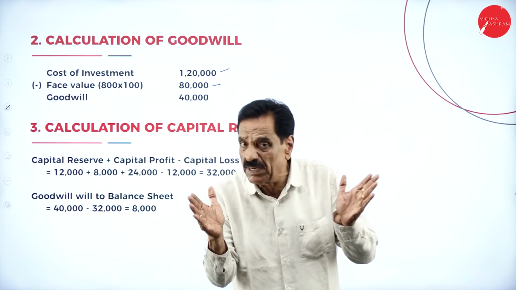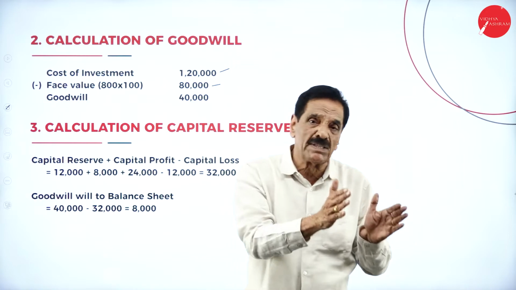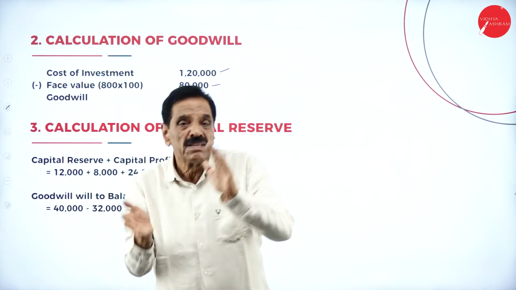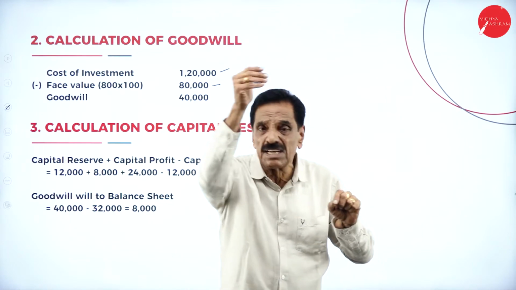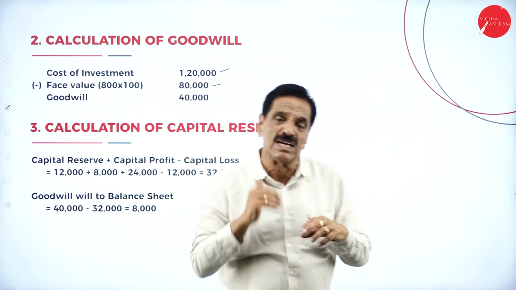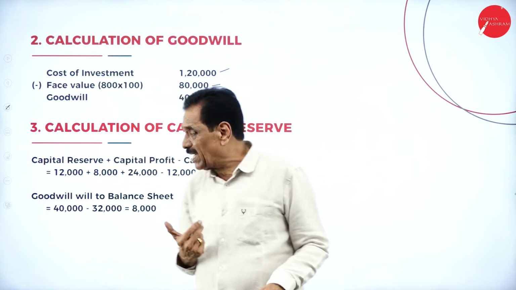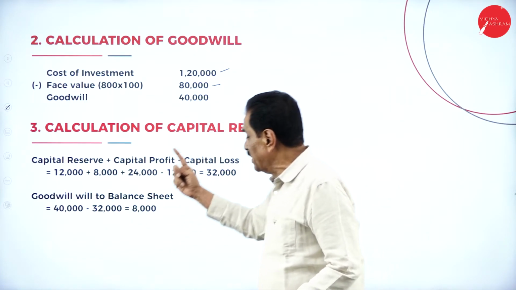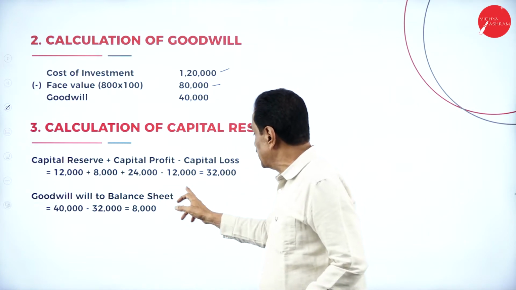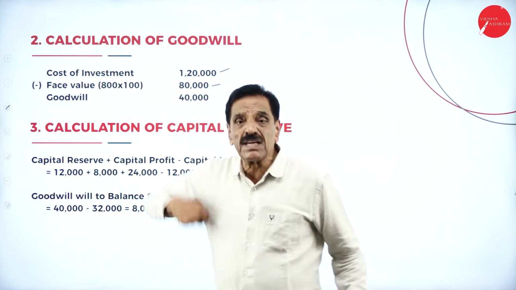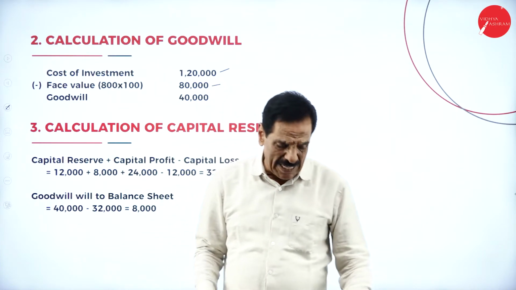Both should not appear. If there is excess goodwill, it will come on the asset side of the balance sheet. If there is excess capital reserve, that will come on the liability side. Here the goodwill is 40,000 and the capital reserve is 32,000, so the excess is 8,000. Goodwill will appear on the asset side of the balance sheet.